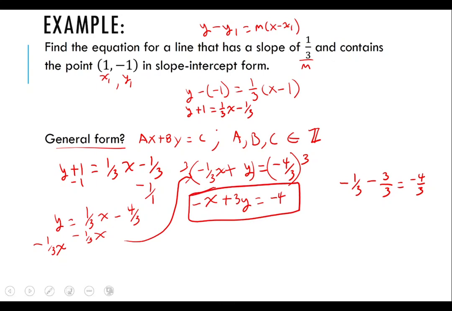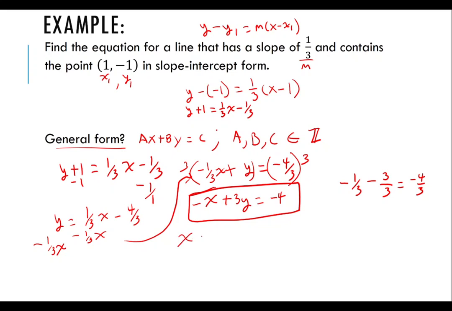Now, something I mentioned earlier, sometimes some books are picky about the leading coefficient being positive or negative. And so if for some reason somebody goes, wait, that's not standard form, well, you could say, well, maybe what you really want is a positive out front. And if that's the case, multiply both sides by negative 1. Negative 1 times negative x is positive x.